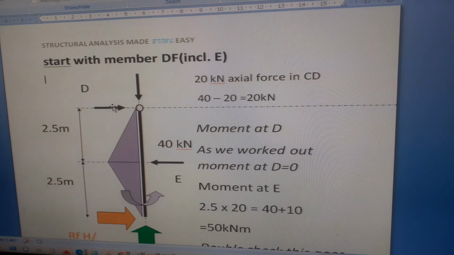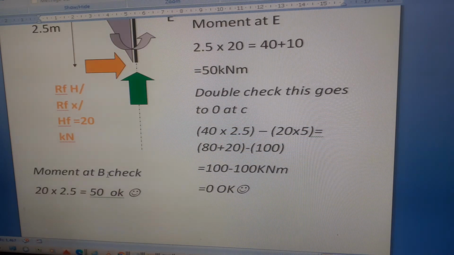So that horizontal force at D equals 20, and it's drawn in the right direction. So the moment at E, 20 times 2.5, 50, is okay.